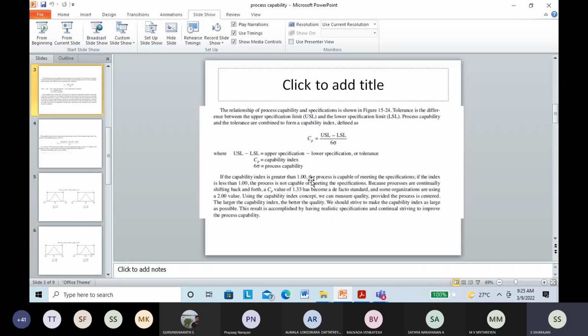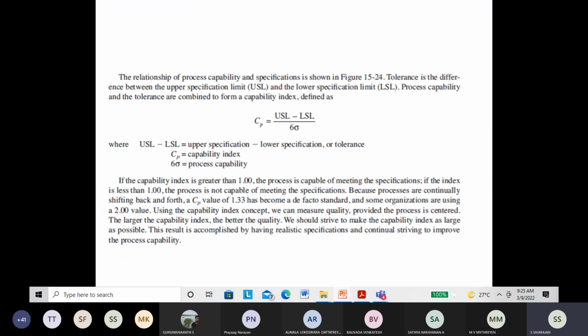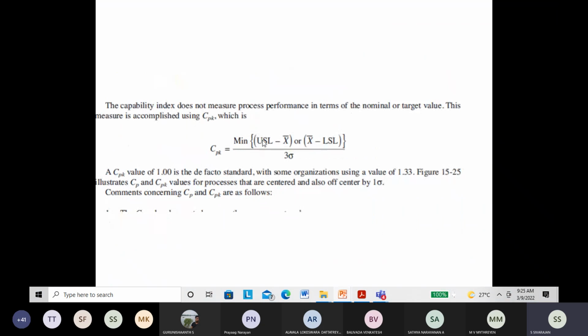Now this is going to be very important. If CP is more than one, only then is the process meeting the specification. Now there is another thing. This capability does not measure the process in terms of the nominal or target value. There is one more thing called CPK, which is given like this: the minimum of USL, the upper specification limit, minus X bar, the average, or X bar minus LSL.